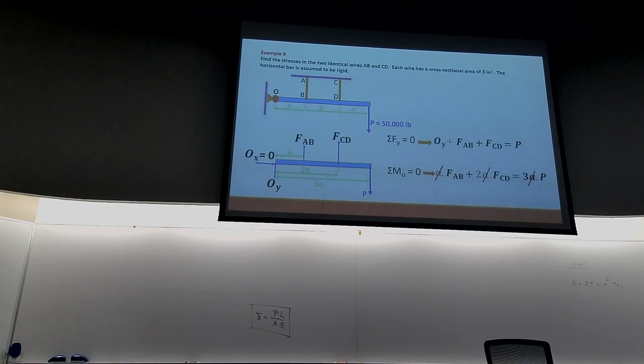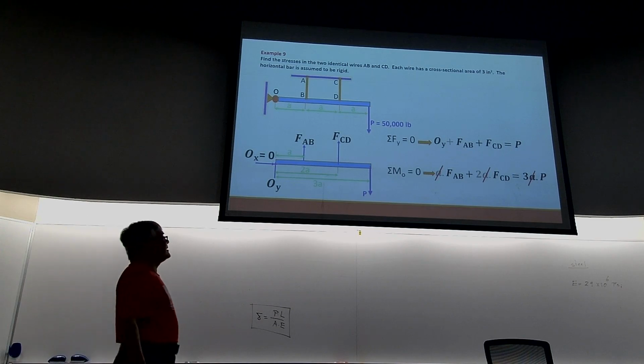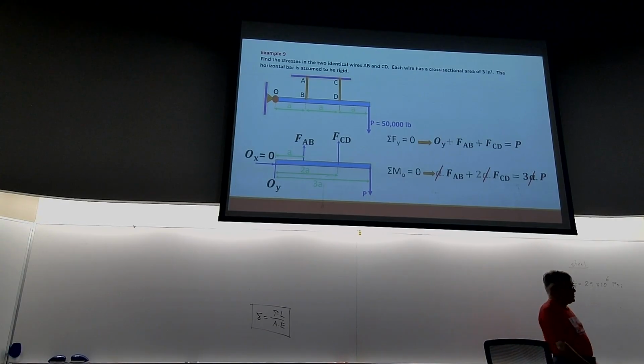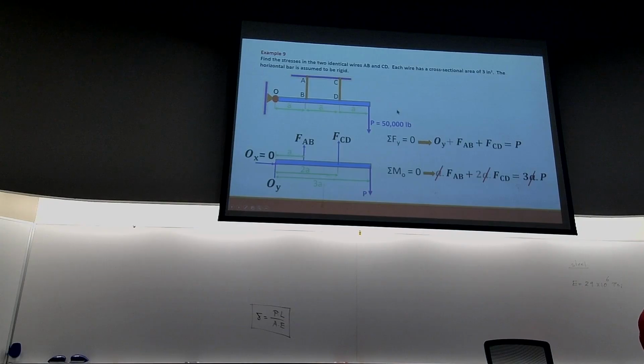We are applying a force of 50,000 pounds in the downward direction, as shown here. This is a frictionless pin. Again, rigid means that the blue member doesn't deform relative to the deformation of the wires. And you see a free body diagram for that member shown here.